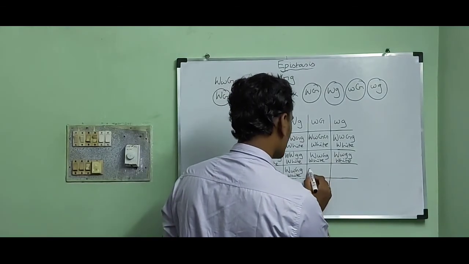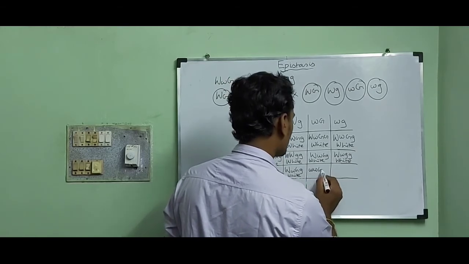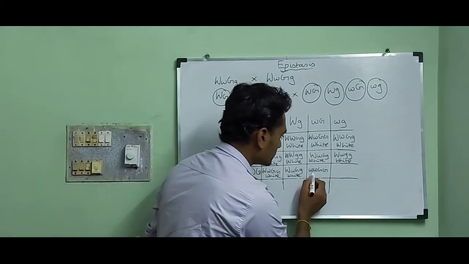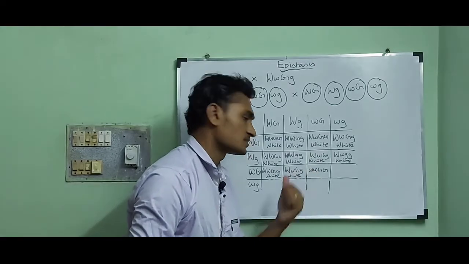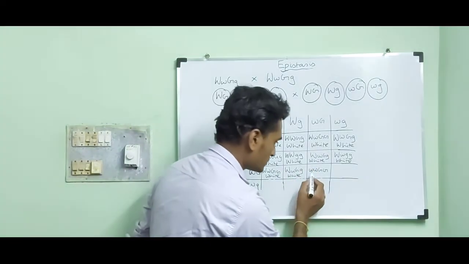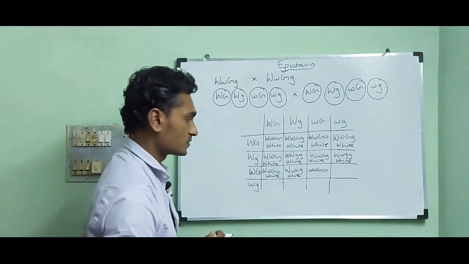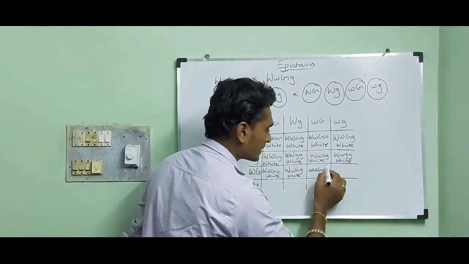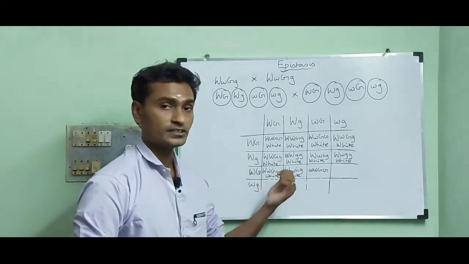Here small w, capital G, capital G. So here the epistatic gene is in homozygous recessive condition. Then the hypostatic gene, that is the yellow color, contains the dominant allele.